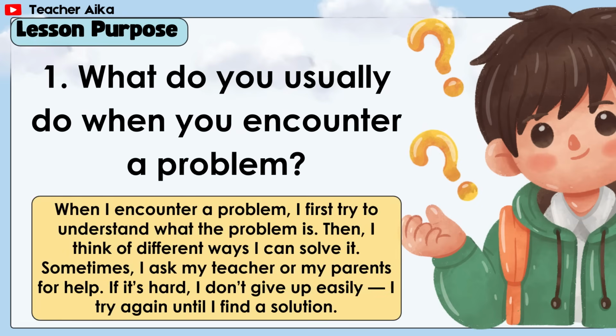Example answer. When I encounter a problem, I first try to understand what the problem is. Then, I think of different ways I can solve it. Sometimes, I ask my teacher or my parents for help. If it's hard, I don't give up easily. I try again until I find a solution.